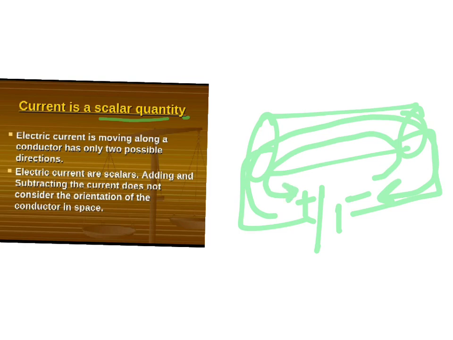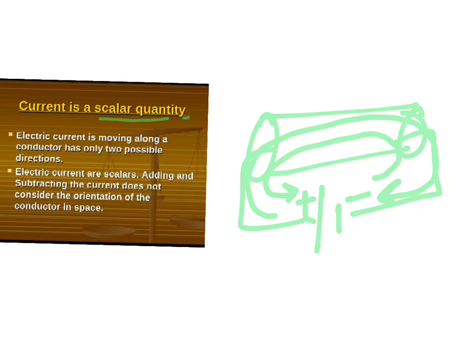There is no other way for the current to flow. Current can flow only in two directions, from positive end to negative end, or negative end to positive end. There is no other direction through which the current can flow.